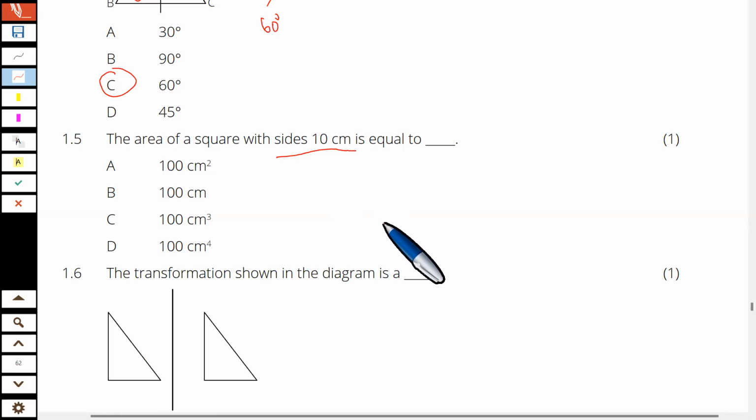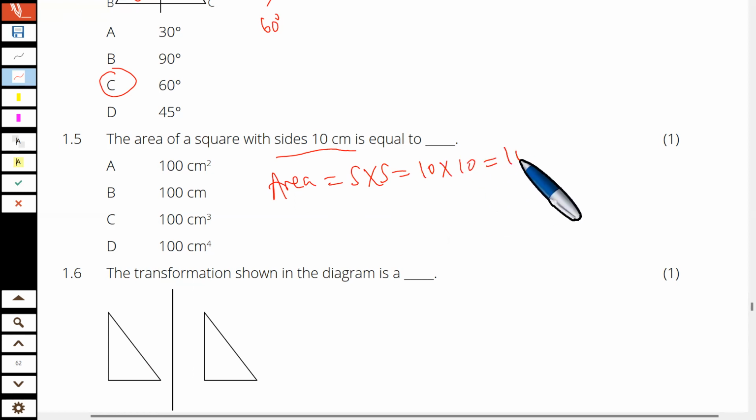Okay, yes. So in 1.5, if you want to find the area of a square, it is side times side, which is 10 times 10. And 10 times 10 is 100 square centimeters. So the correct answer in 1.5 is actually letter A.